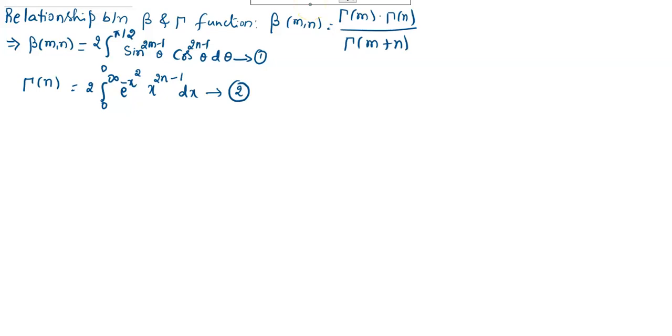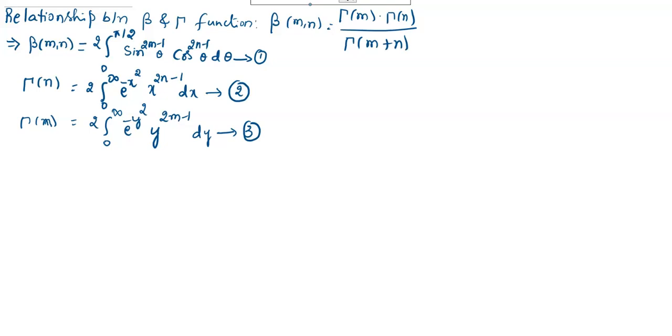For gamma m, let me take the parameter as y. So twice the integral from 0 to infinity of e to the power of minus y square y to the power of 2m minus 1 with respect to y. Let me call this equation number 3.